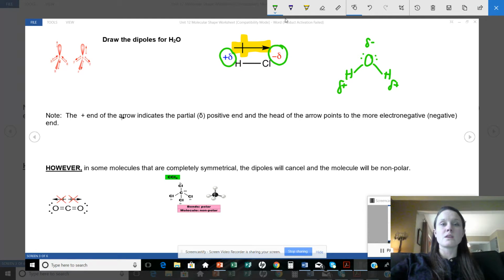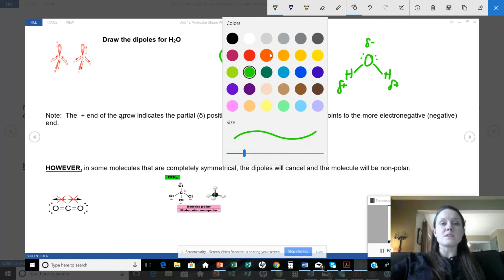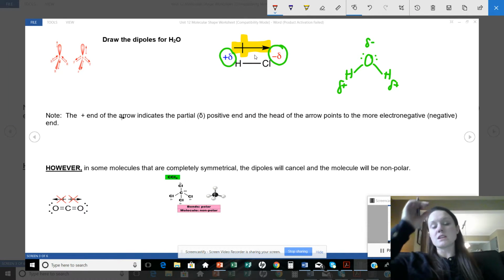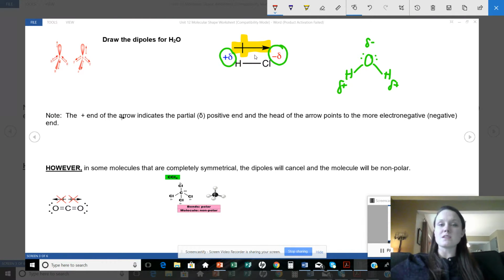Okay. Now I've drawn in my symbols that show the slightly negative and slightly positive, but as we go forward in our solutions unit, you need to understand this symbol, the dipole symbol. So now we're going to insert that as well. If we put our dipoles in for the water molecule, you need to have 2 arrows because there's 2 different bonds.